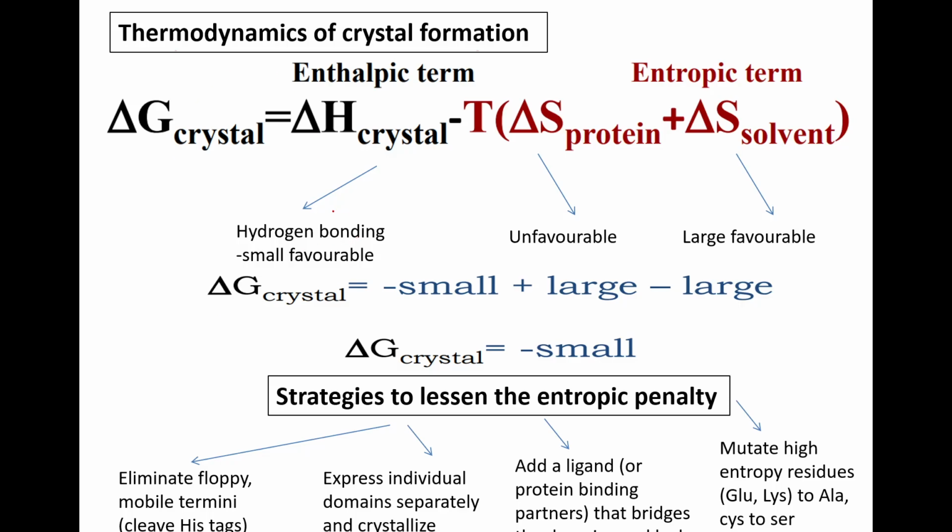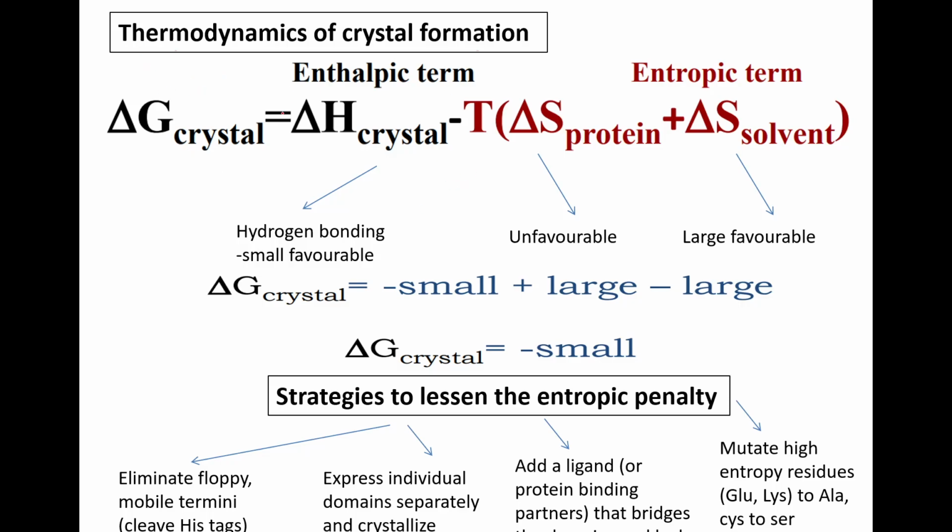If the change in enthalpy is very large, then the del G will not be negative, right? If this delta H is more than the entropy term, then the delta G will be positive. So that is unfavorable, right?